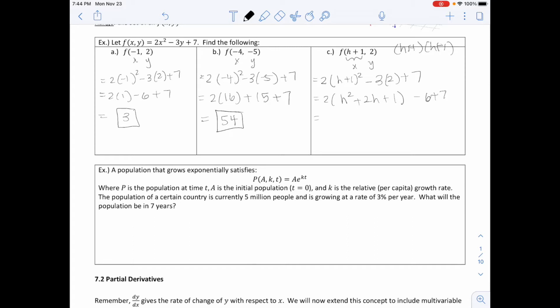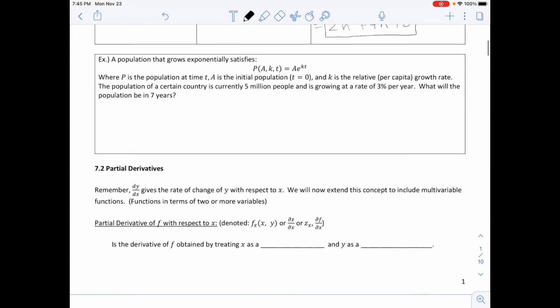Then distributing our 2, we have 2h squared plus 4h plus 2 minus 6 plus 7, and then combining our like terms, we have 2h squared plus 4h, and then plus 2 minus 6 plus 7, which works out to being +3, and that would be our answer.